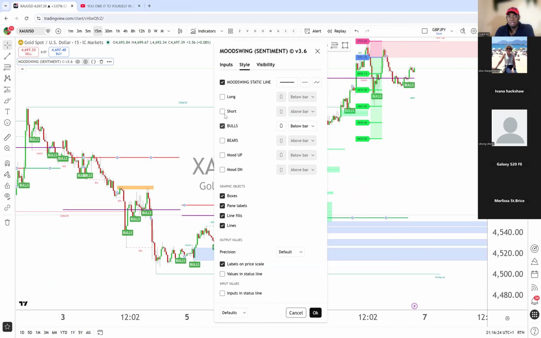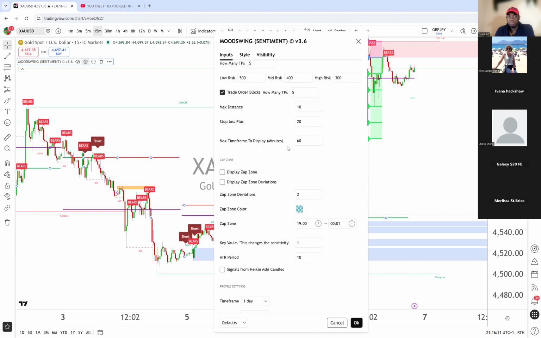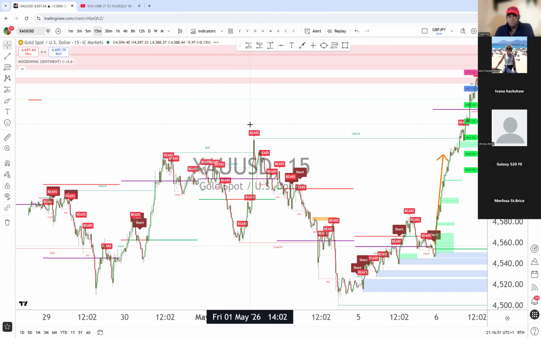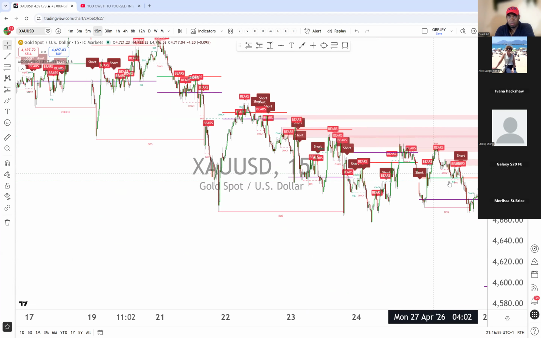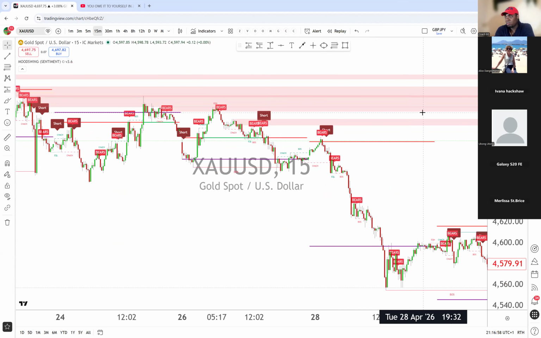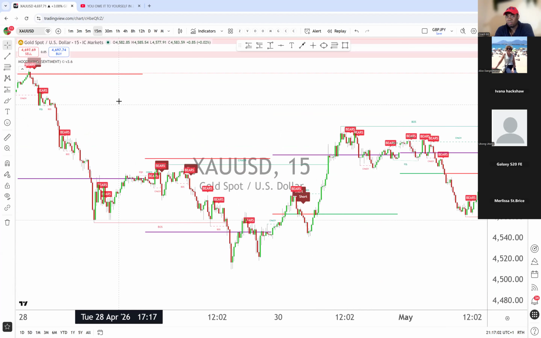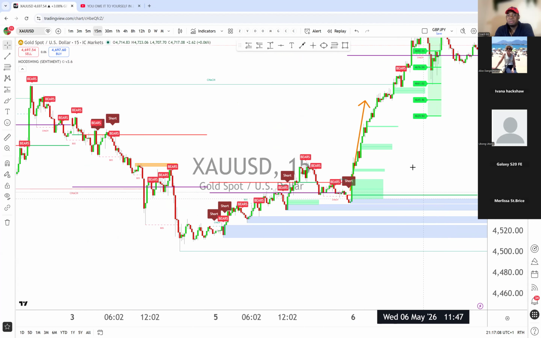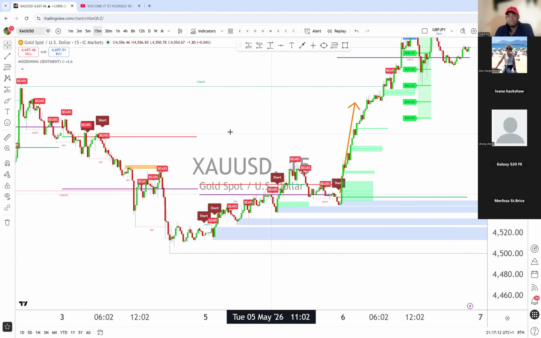Let me put shorts, bears on, and I want to change my internal order blocks to, let's say, 10. You can't change the color of the mood swing line, because these colors represent something very important.